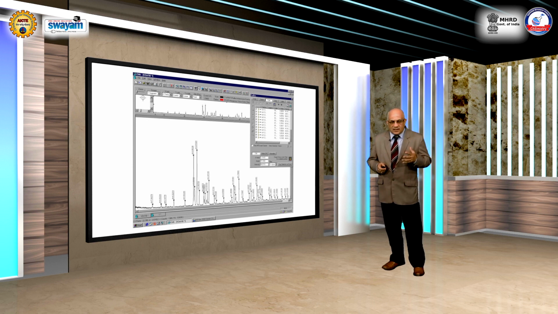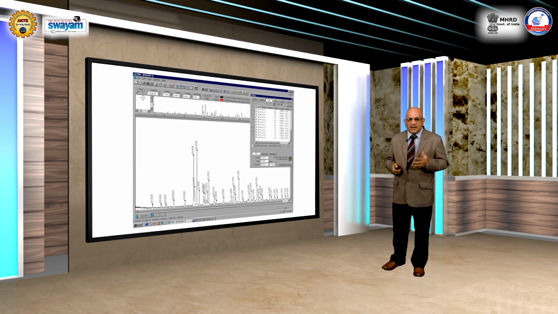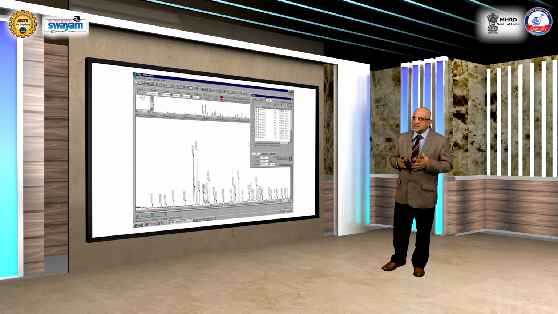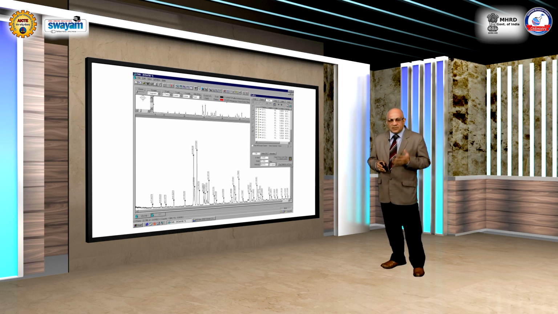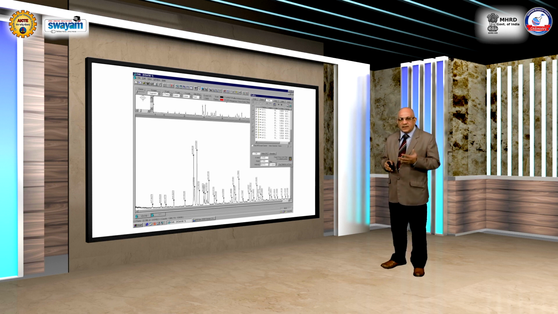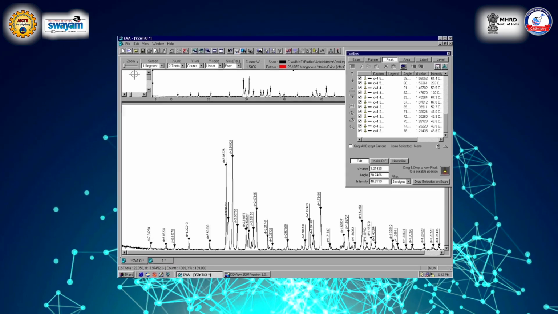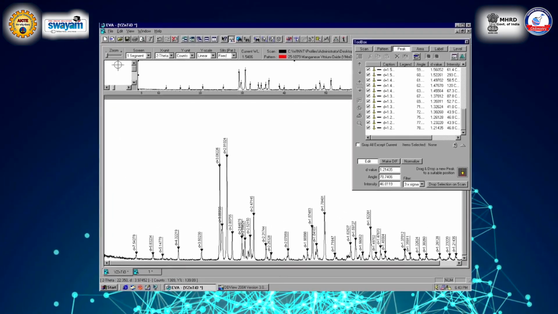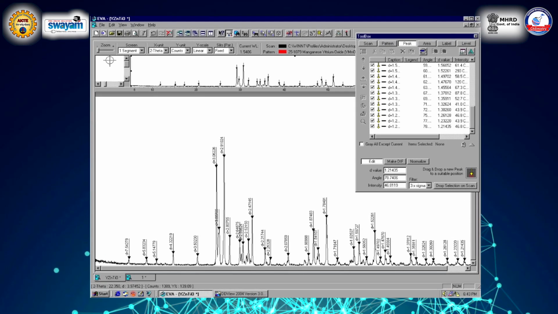The intensity of the X-ray, as you can see, will vary depending on the angle of diffraction, as also discussed in our previous module. So this is a particular material on which X-ray diffraction has been carried out, shown on the computer which is connected to your X-ray diffractometer.